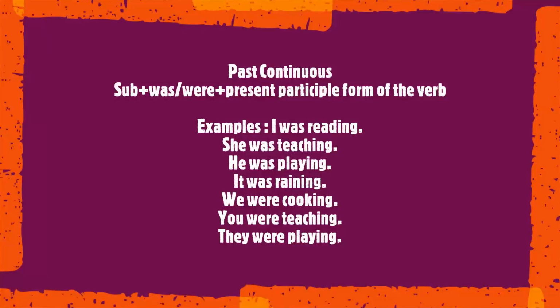Then we can move to the next one, past continuous tense. The first one is simple past tense and the second one is past continuous tense. It is also known as past progressive tense. Past continuous tense is used to describe an action that was going on at some point in the past.